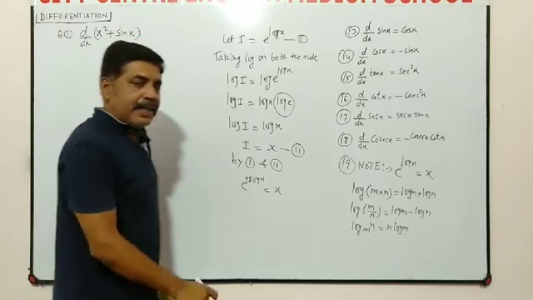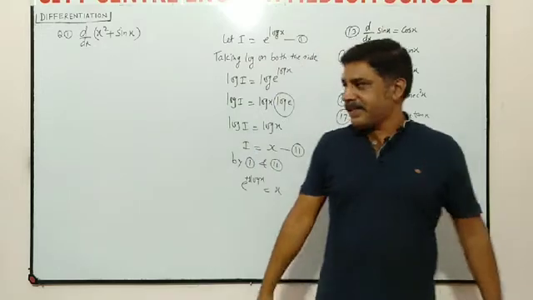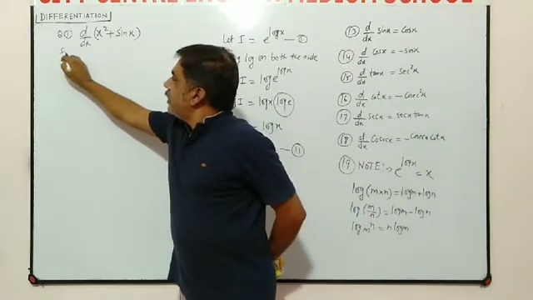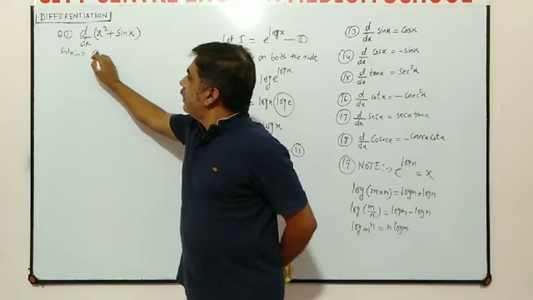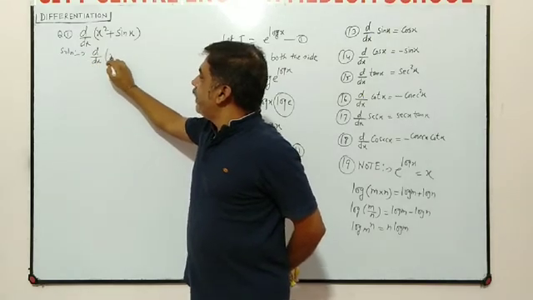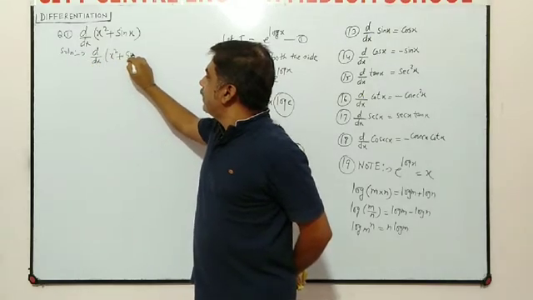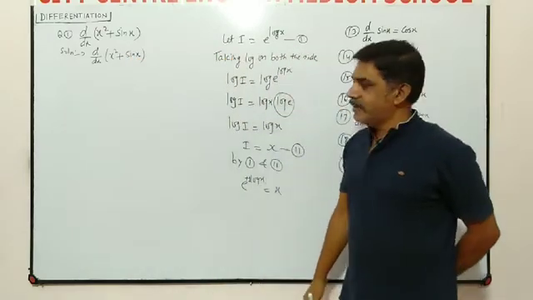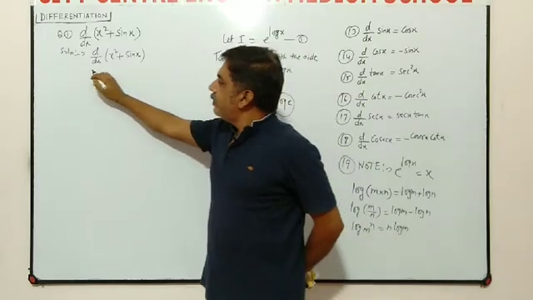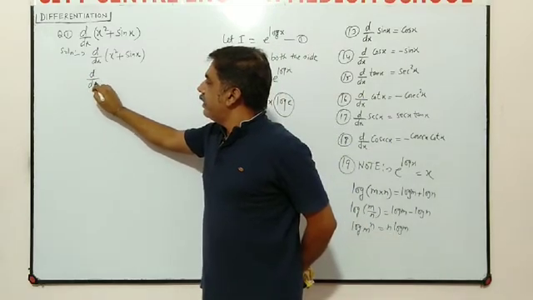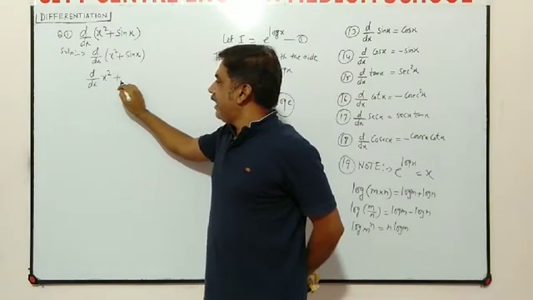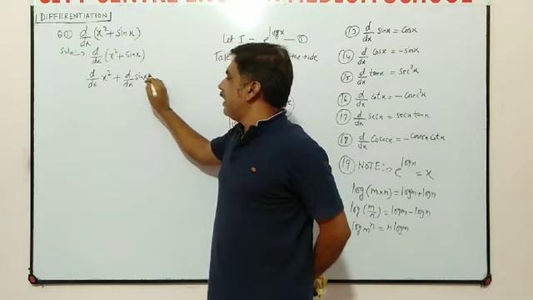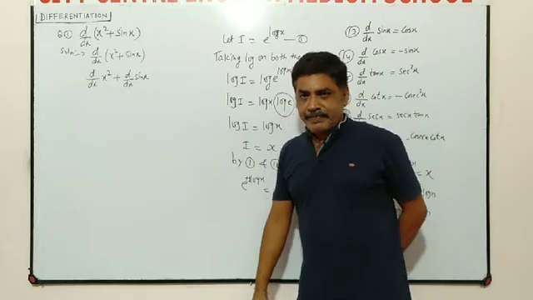Solution: we are given d by dx in brackets x square plus sin x. So we have d by dx x square plus d by dx sin x, right?